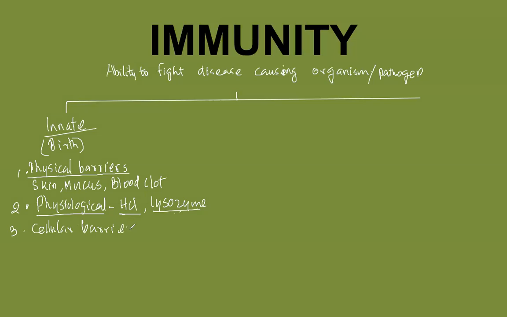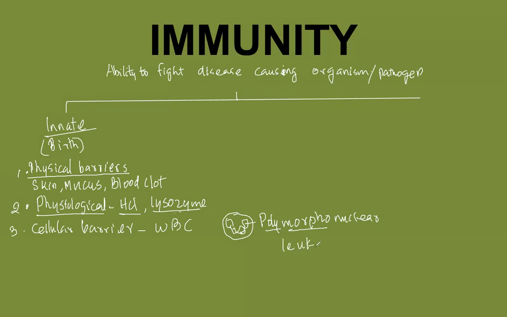What is a cellular barrier? Cellular barrier is made up of white blood cells or leukocytes, white blood cells of the body. If you remember, white blood cells have a nucleus with many lobes, right? So there's a name for this, polymorphonuclear leukocytes.